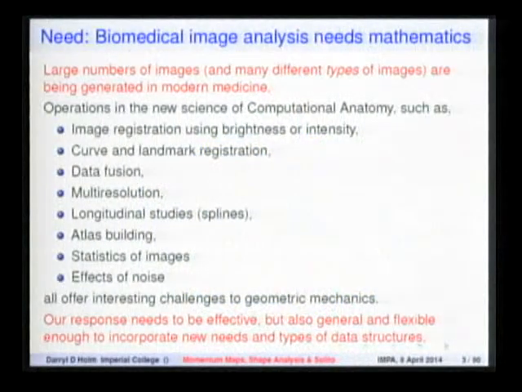Another one is multi-resolution. Some parts of the image are more important than others, so the resolution doesn't have to be uniform across. And an important one is longitudinal studies. For example, one of the studies being done at Imperial College is a study of MRIs of brains, starting with infants.